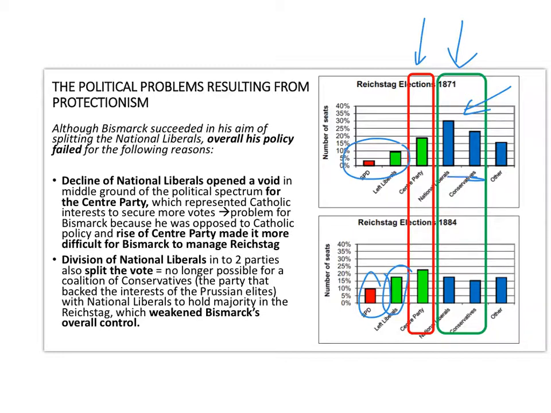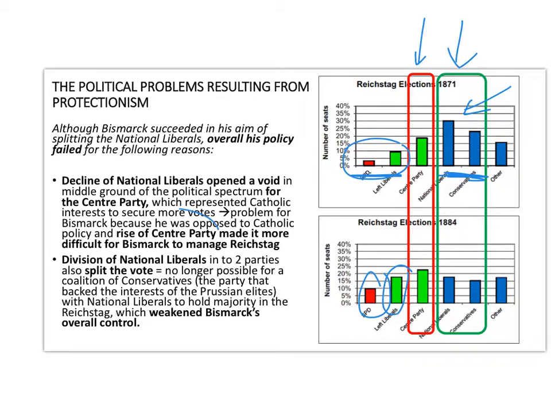Bismarck can rely on the blue parties, the National Liberals and the Conservatives, but if the parties on the left are going to vote against Bismarck, then Bismarck needs the vote of the Centre Party. So the Centre Party were crucial, and they knew that was important to them. Okay, so that basically meant that Bismarck was dependent upon the Centre Party.